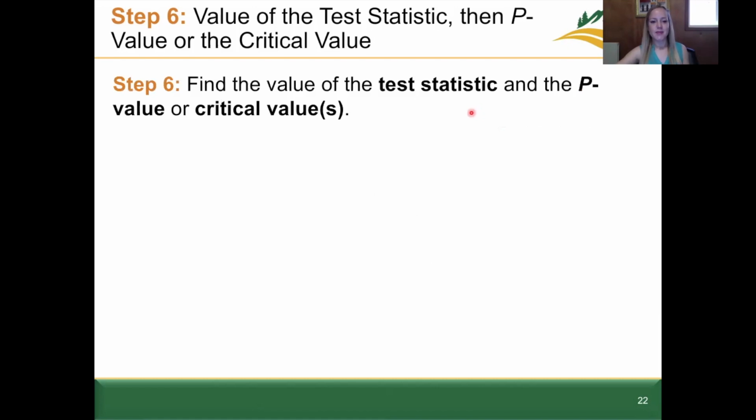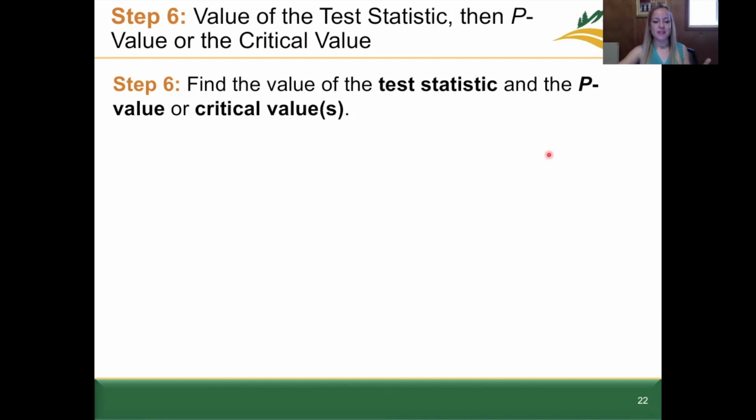In step 6, we're going to find the value of the test statistic and then the p-value or the critical value, depending on which branch we want to take on step 6. Remember where we left off from step 5 with our drone example? We were about to calculate that value of z, so we'll come back and do that in step 6.